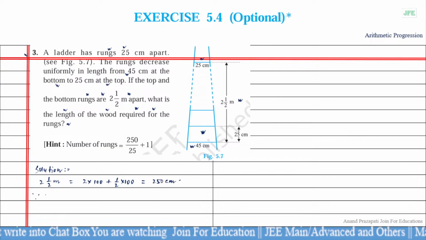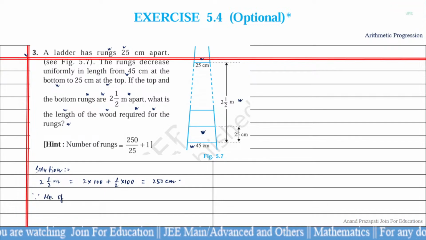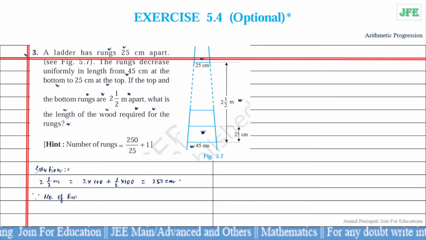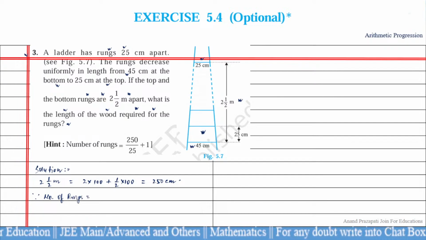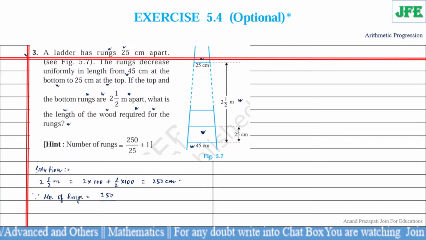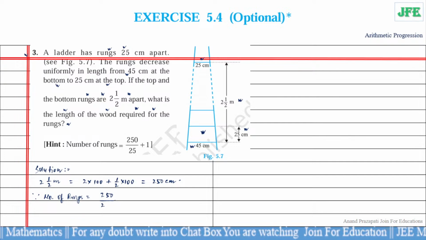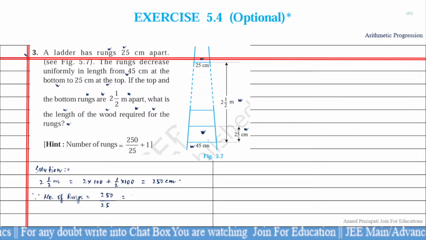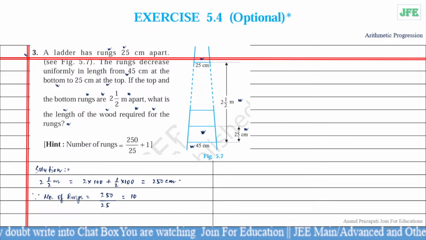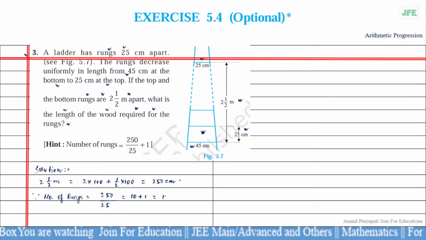Therefore the number of rungs equal to 250, and distance between two rungs is 25, equal to it will be 10, and we add 1, so this one will be 11 rungs.